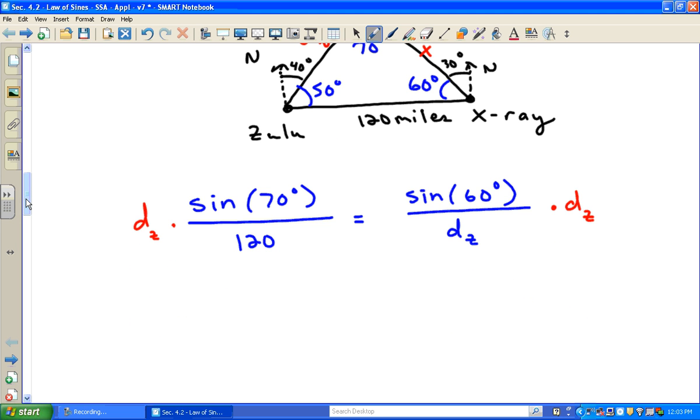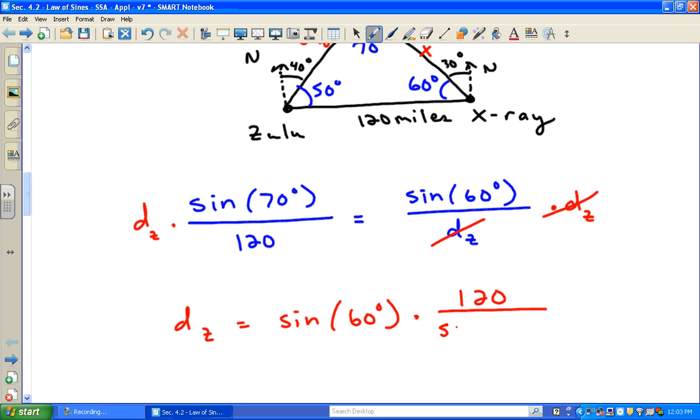That will cancel out the d sub z's on that side, and then I want to multiply by the reciprocal of what's behind d sub z, and so I'll end up getting d sub z equals sine of 60 degrees multiplied by the reciprocal of what's behind d, which is 120 over sine of 70 degrees.